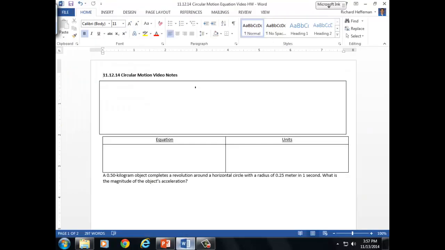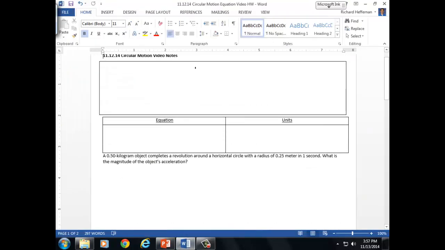Now, the one equation that we have so far dealing with circular motion is a_c equals v squared over r, or the centripetal acceleration equals the speed of the object squared divided by the radius of the circle that the object is going around. Let's make sure that the units check quickly before we start doing some problems. Acceleration is meters per second squared.